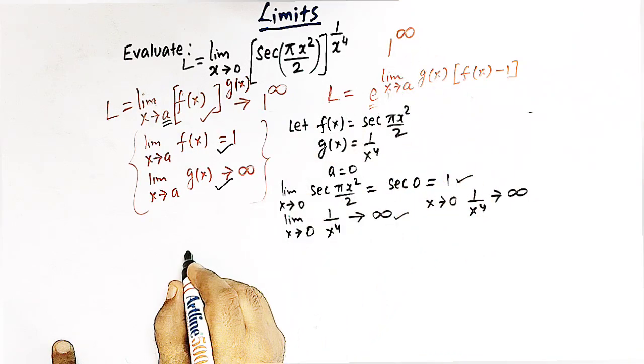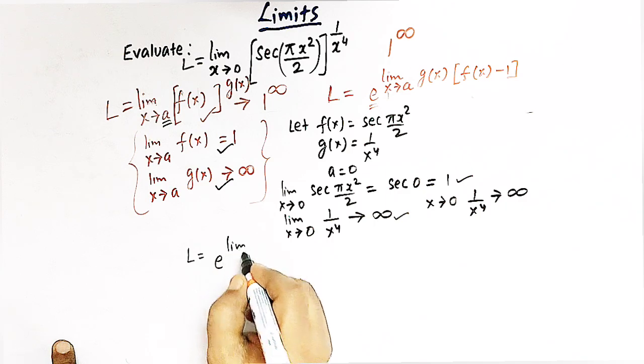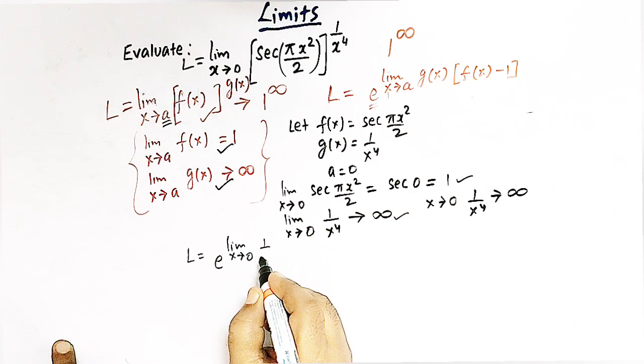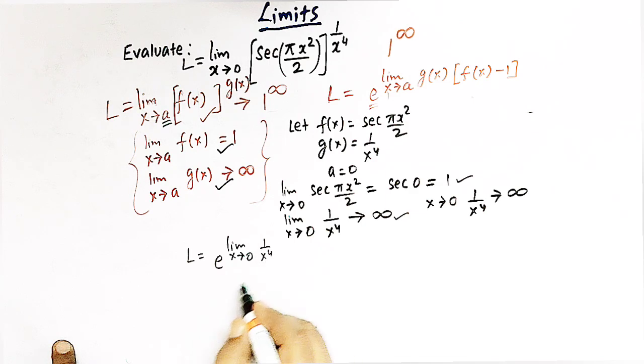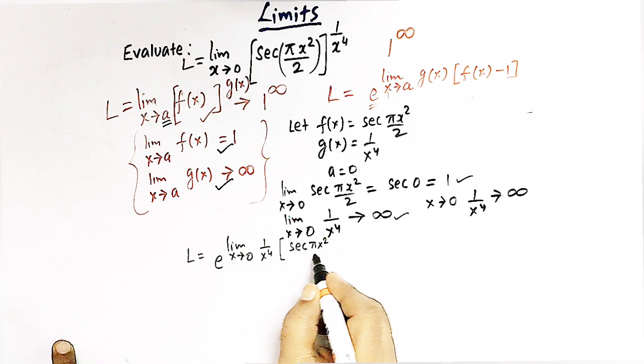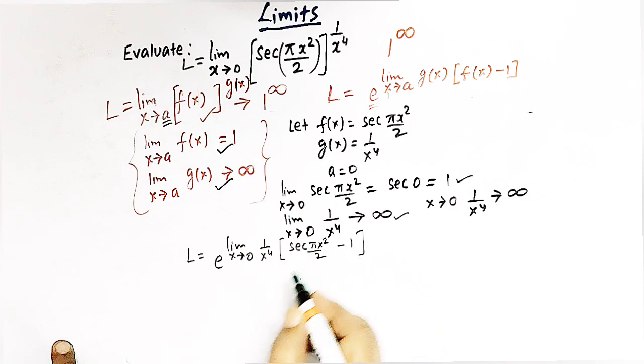Now the value of the limit L is given by e raised to the limit x tends to 0 of g of x, which is 1 over x raised to 4, times f of x, which is secant pi x square over 2, minus 1.